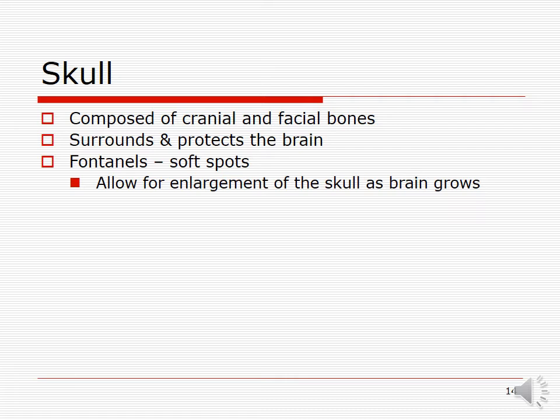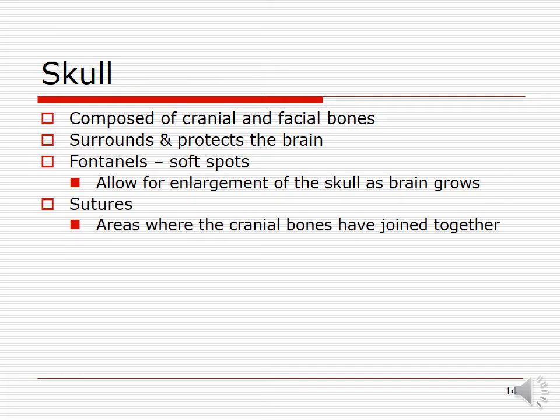So that skull has got to be able to mold as it's going through. One of the things that allows that to happen are the fontanelles, and we call those the soft spots. The fontanelles allow for the molding of the skull during the birth process, but they also allow for enlargement of the skull as the brain grows. So those are the soft spots in a baby's skull.